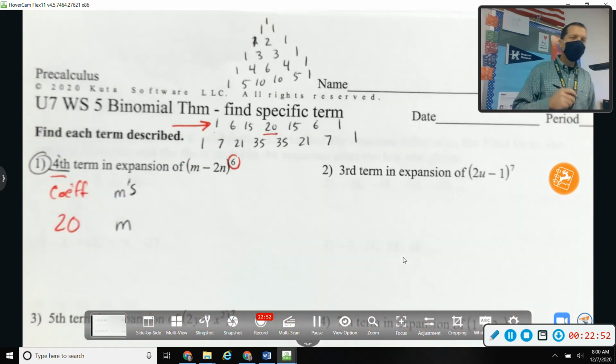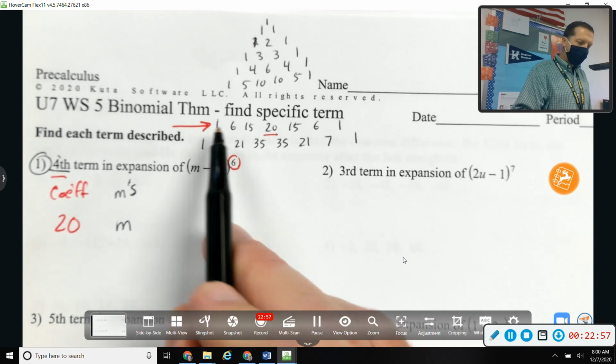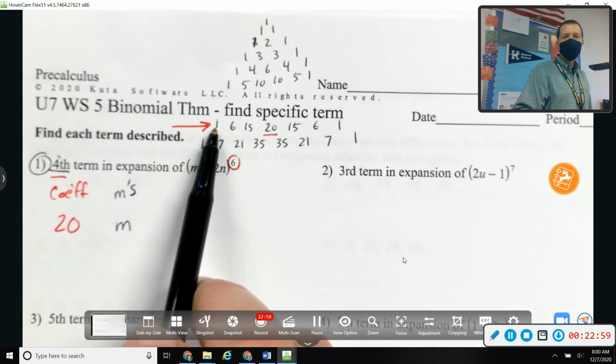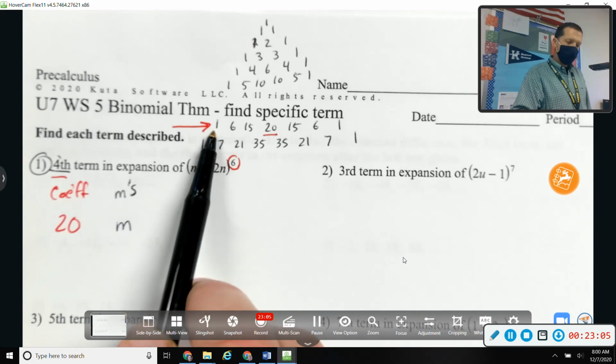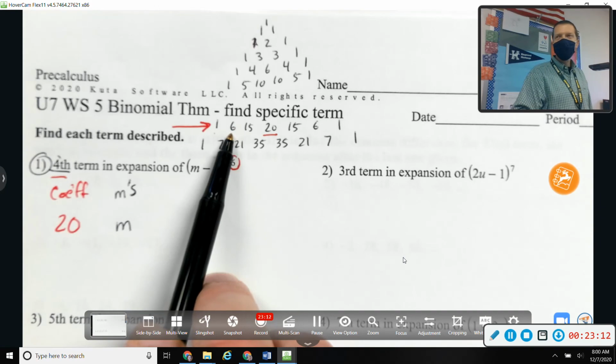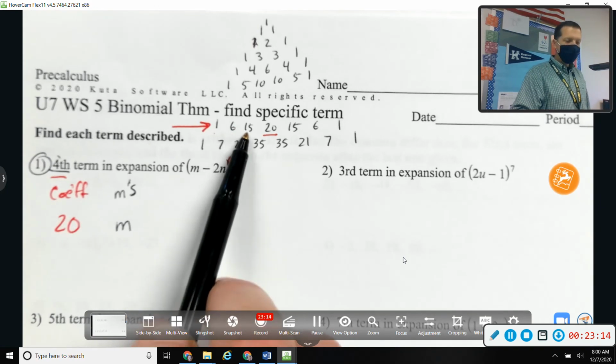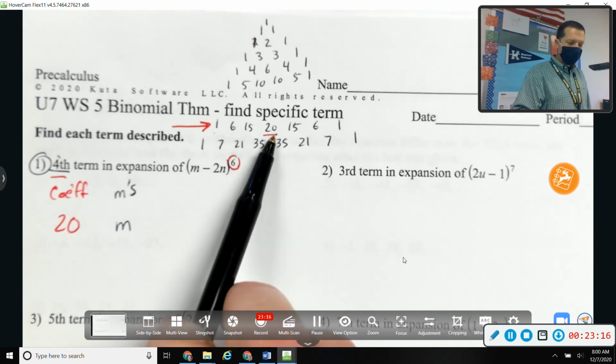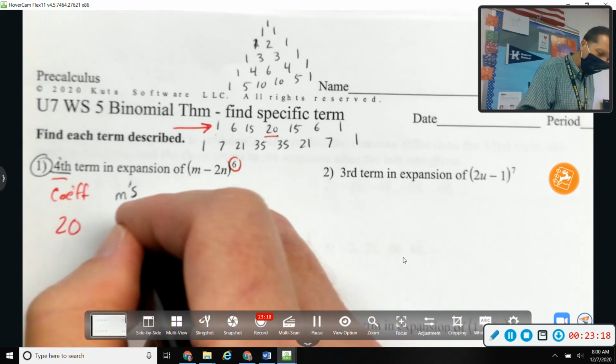Again, you can write them all out, but if you know what you're doing, you can skip around a little bit. If I was going to write it all out, how many m's would there be with that first term? 6. We start with 6 and work our way down. How many m's would be on the second term? 5. How many on the next term? And then on the term we're looking at? 3. So I'll have m cubed.